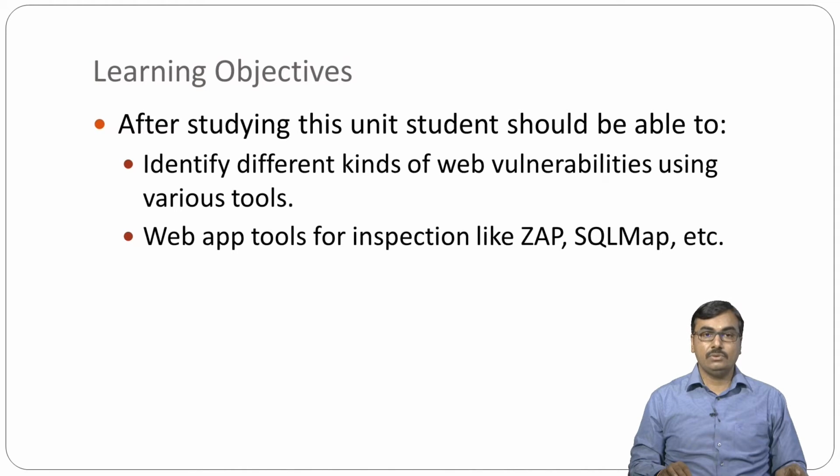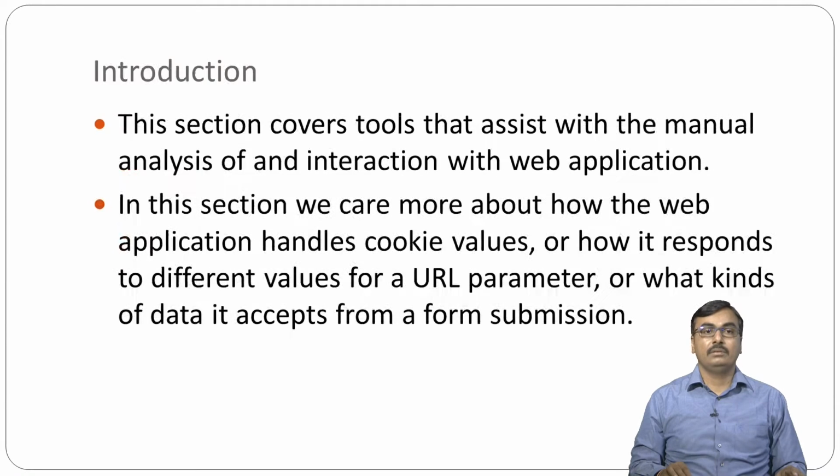After studying this unit, students should be able to identify different kinds of web vulnerabilities using various web app tools for inspection like ZAP, SQL map, etc. This session covers tools that assist with manual analysis of and interaction with a web application.